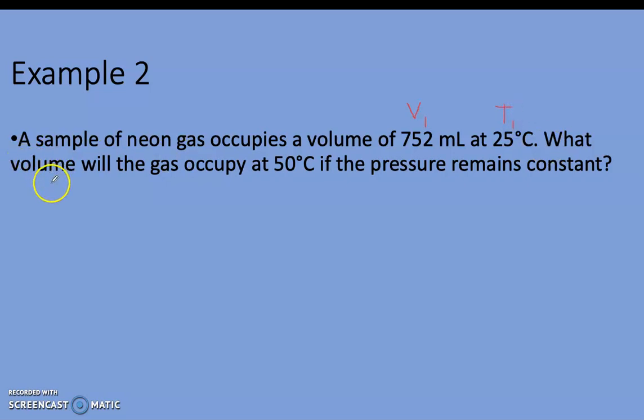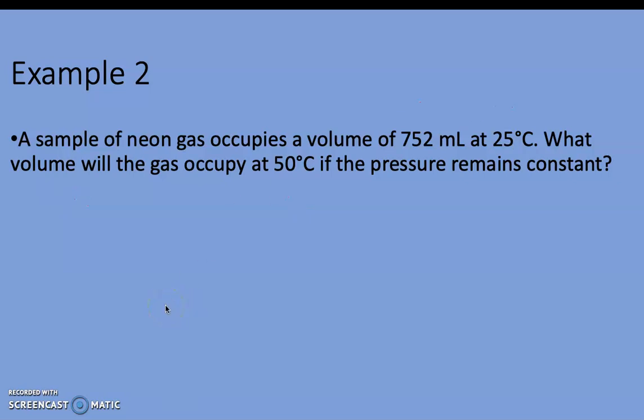What volume will the gas occupy at 50 degrees Celsius if the pressure remains constant? So we have V2 is what we're looking for, and we have our T2 right here. But you must convert these to kelvins. Celsius plus 273 equals kelvins. So we want to convert that.